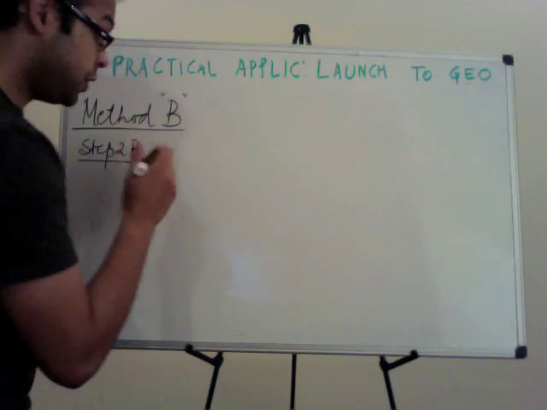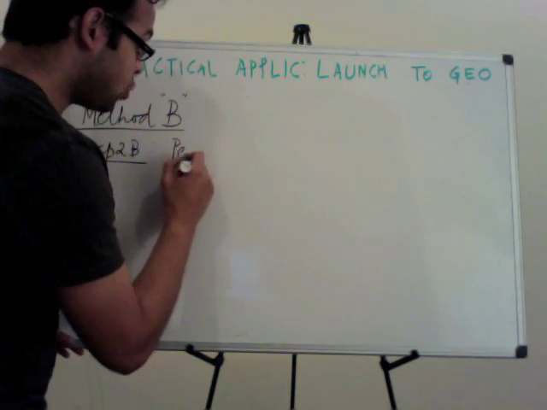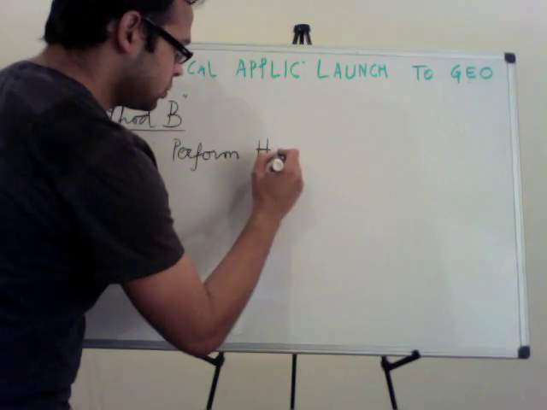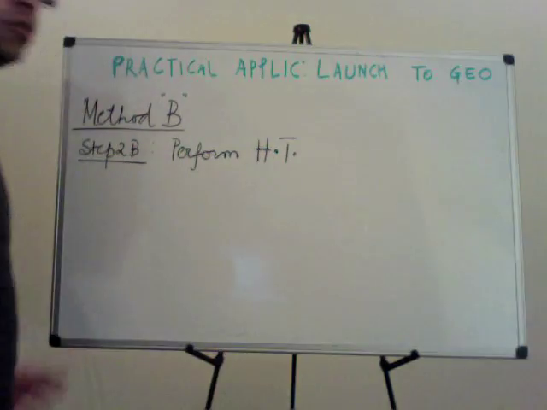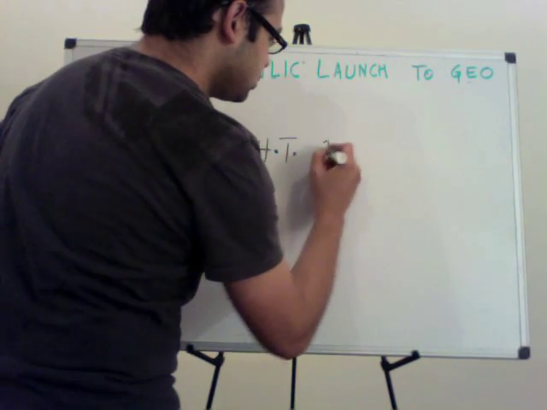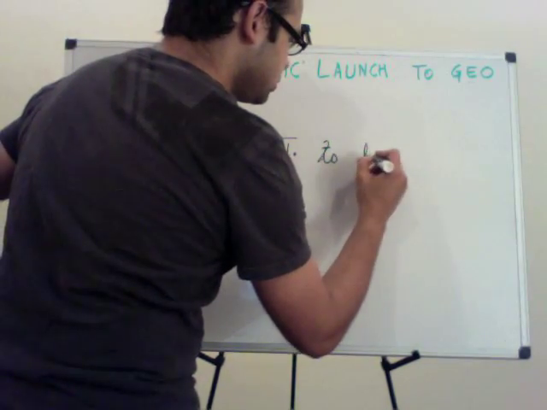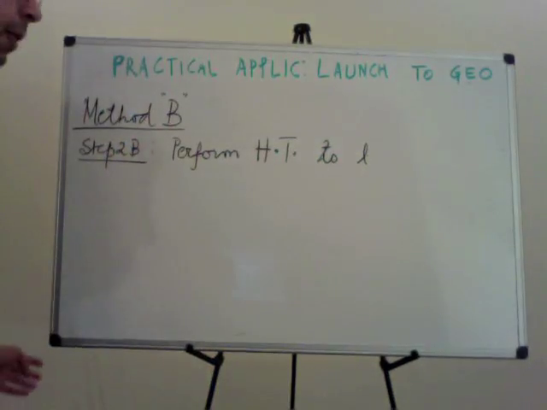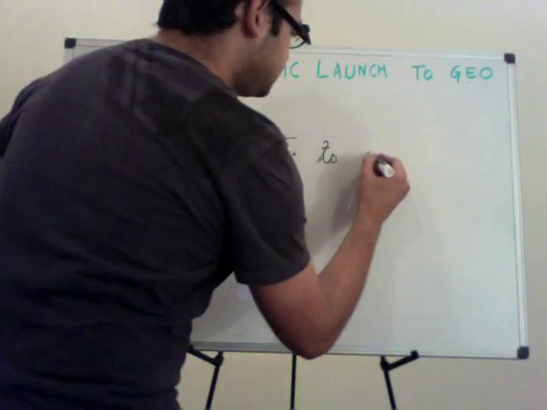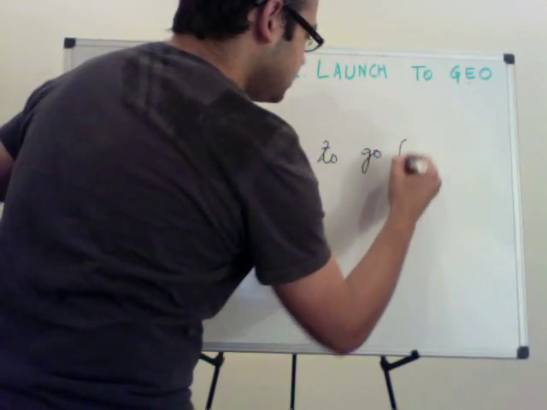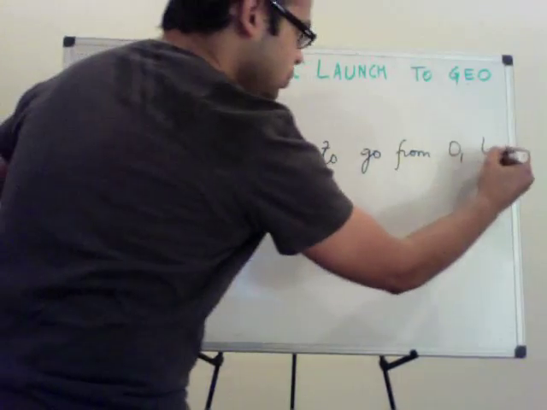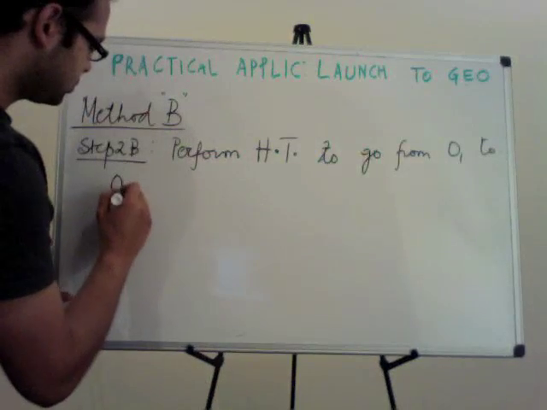What we do here first is perform the Hohmann transfer to go from O1, which is parking, to O2.